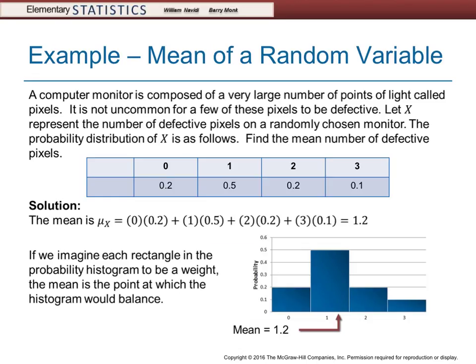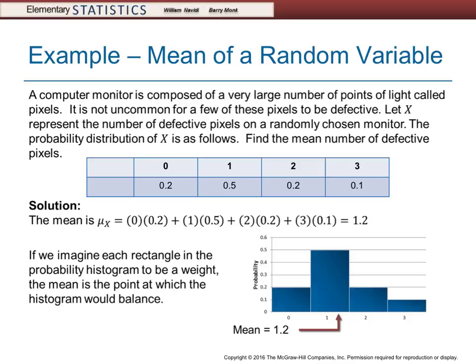So here's our example of finding the mean of a random variable. A computer monitor is composed of a very large number of points of light called pixels. It is not uncommon for a few of these pixels to be defective. Let x represent the number of defective pixels on a randomly chosen monitor.